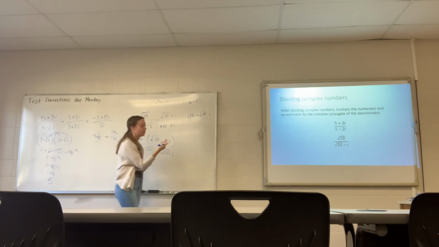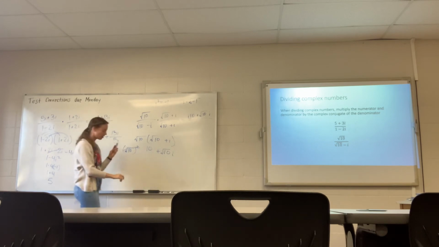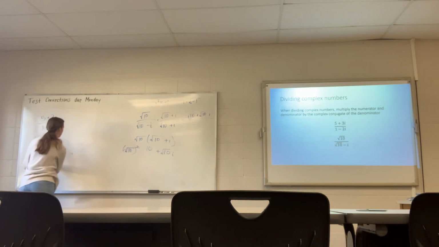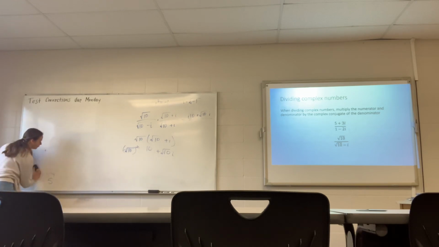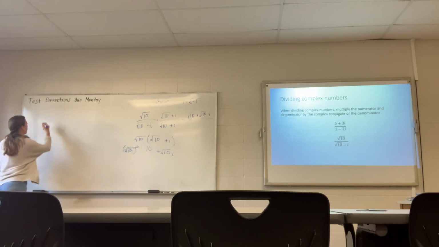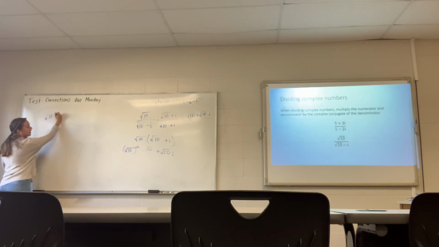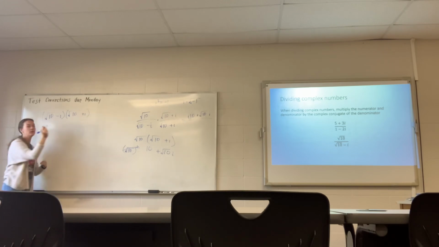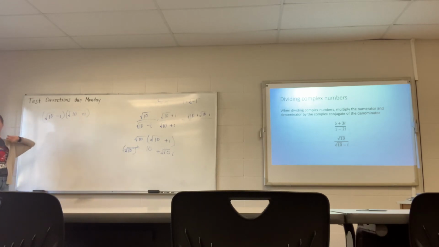That's our numerator. Then our denominator, we are going to have to FOIL this one. So I have the square root of 10 minus i times the square root of 10 plus i. Okay, so let's see.